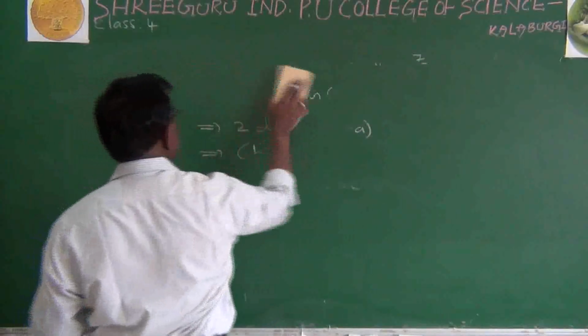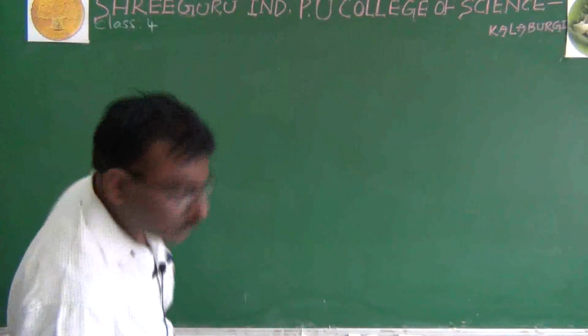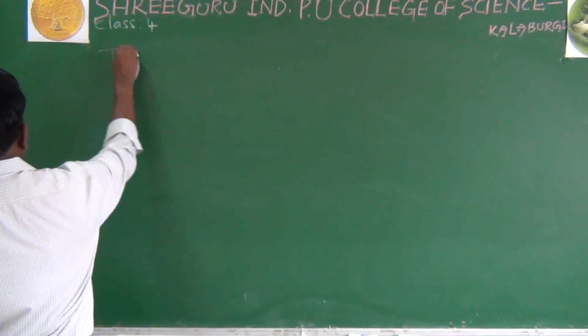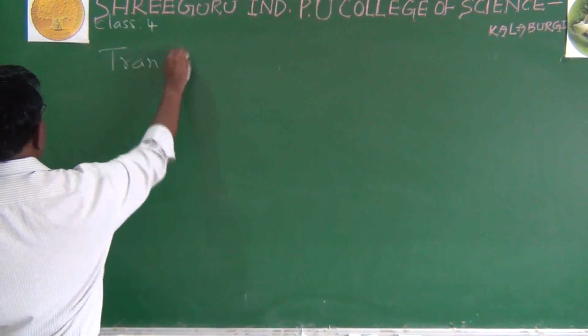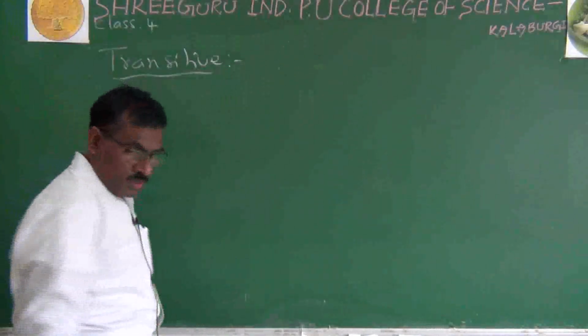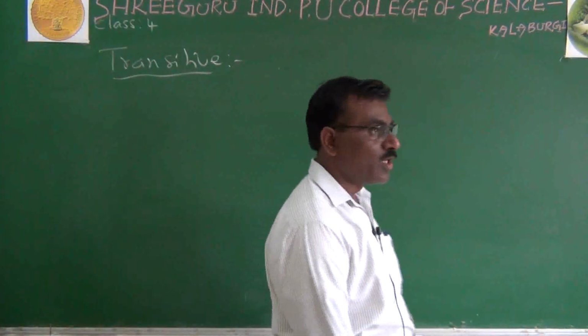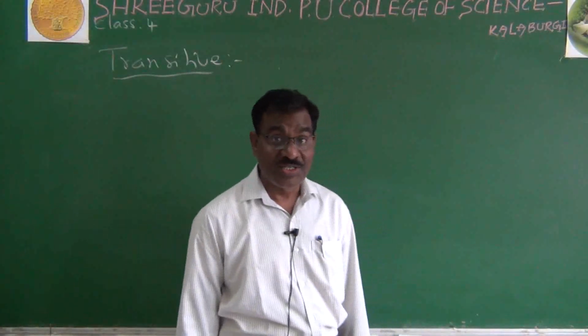Now it is very important: transitive. Number 3, transitive. How many ordered pairs are given in transitive?